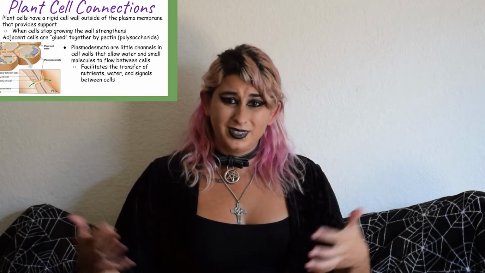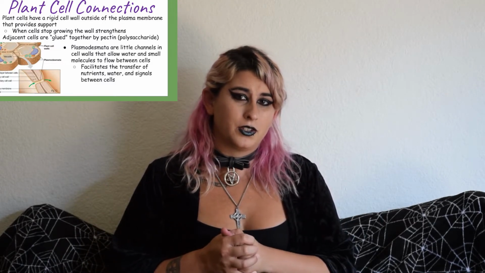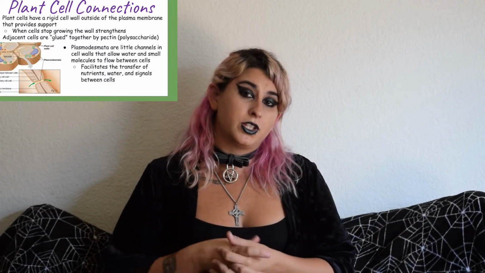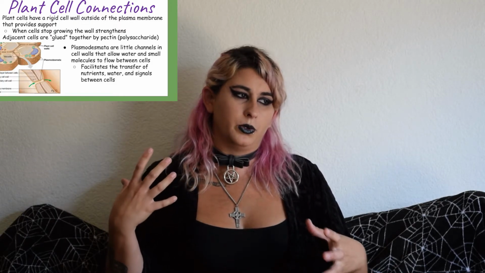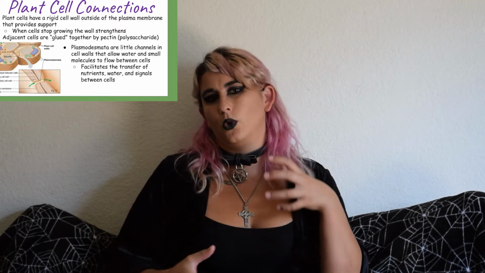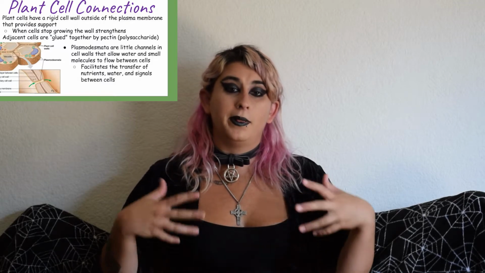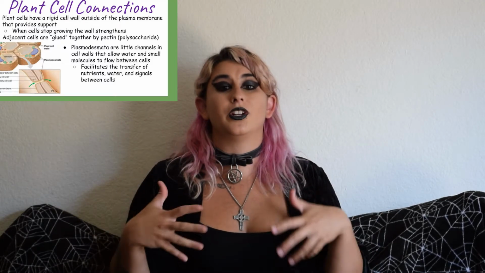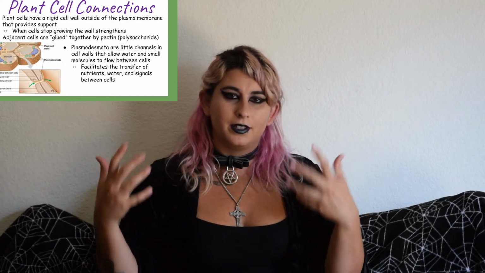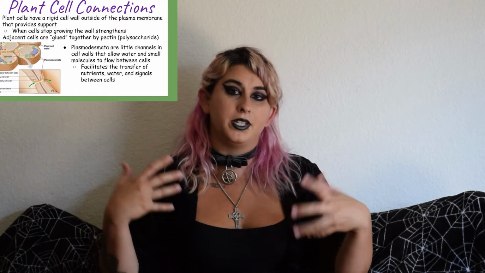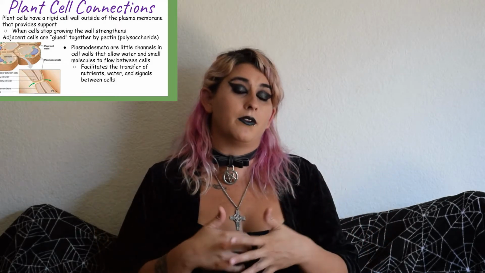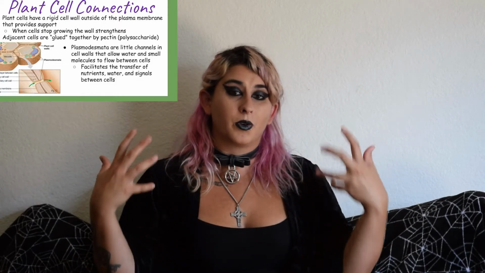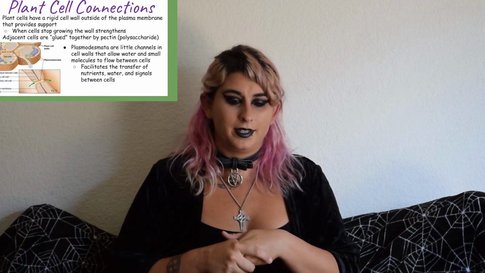Well, let's back up for a second. The animal cells we talked about are connected through these junctions that hold them together. Well, plant cells are sort of glued together by a polysaccharide known as pectin. It's very sticky, and it'll be secreted and stick the relevant cells together to help provide structure and support to the plant.